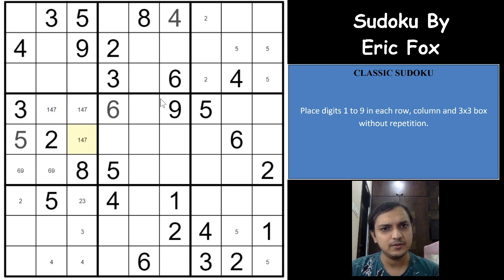Do you get anything else? These 5 digits are already placed in this column, so let us place the remaining 4 digits: 1 7 8 9. 1 is already here, so these two digits will have to be 7 8 9. 1 7 8 9 is already here, and 8 is already here, so 1 7 and 9.